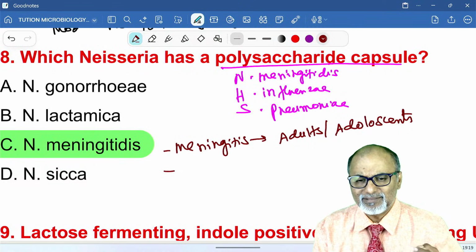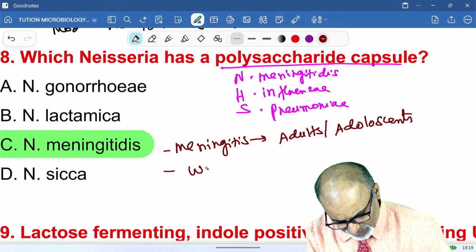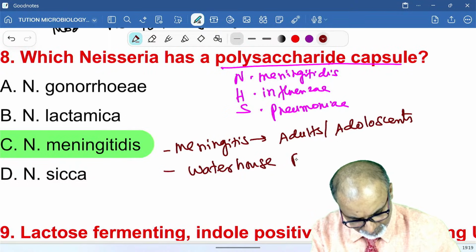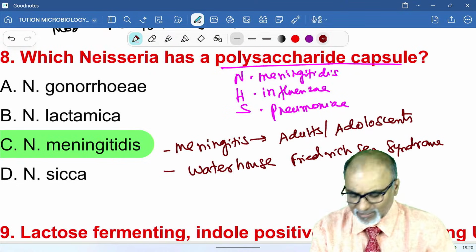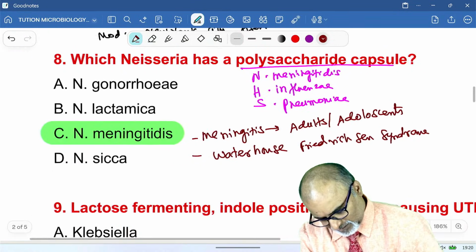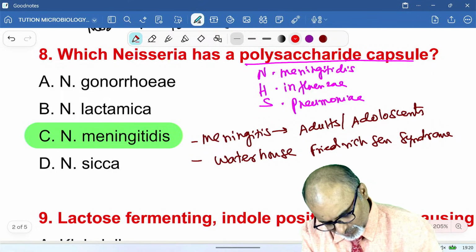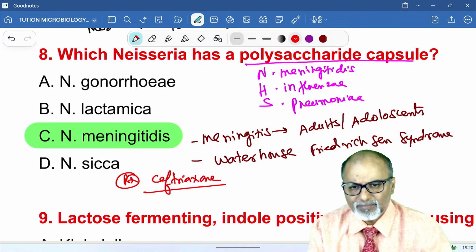Septicemia, fulminant meningococcemia, we call it Waterhouse-Friderichsen syndrome. Treatment is usually ceftriaxone.